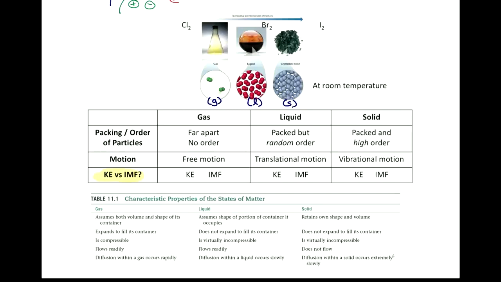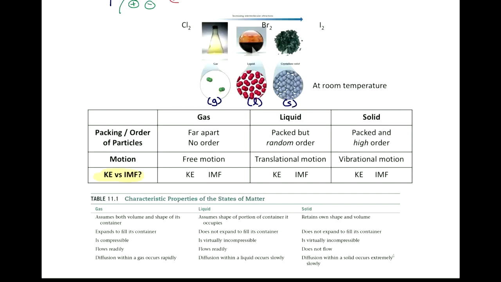At room temperature and pressure, all at the same temperature, they adopt different phases. Chlorine is a gas, bromine is a liquid, while iodine is a solid. That's a really weird thing, and a great example of how intermolecular forces come into play.